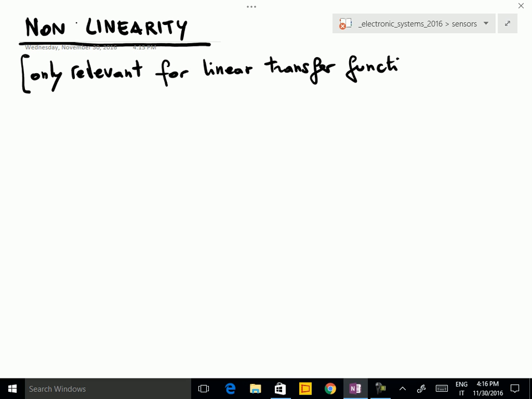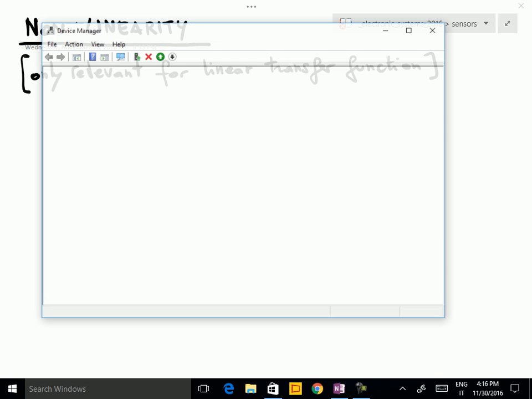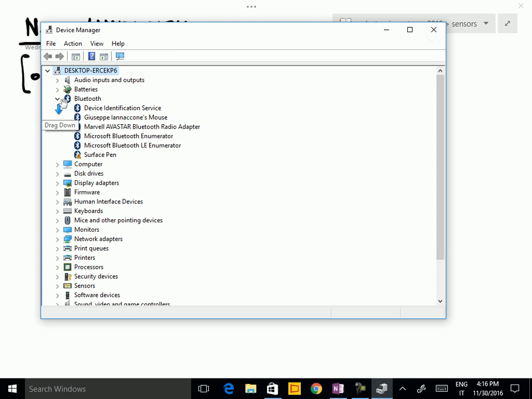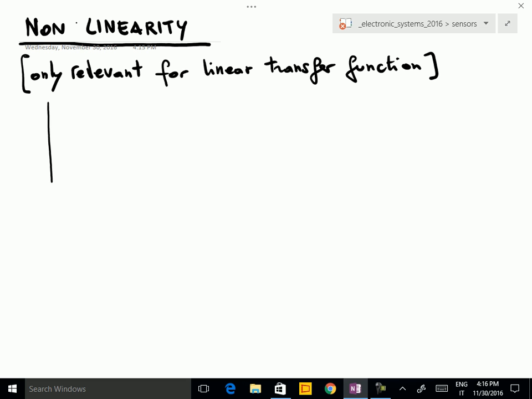Linear transfer functions are actually the most common transfer functions because they're easy to work with, and of course if the transfer function is linear, it's very easy to extract the stimulus when we have the response.